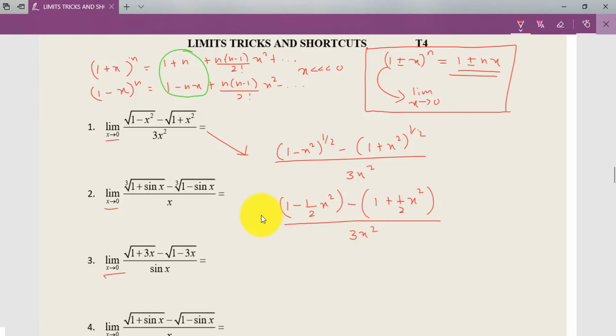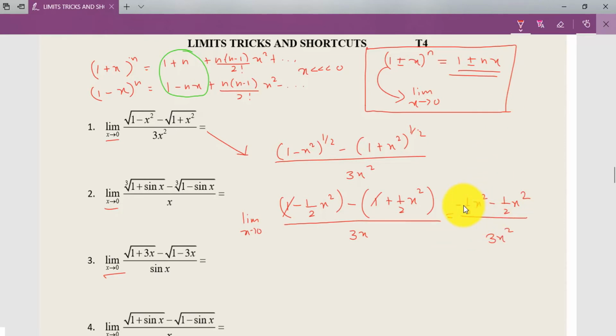I still have x tends to 0 here, so I do not write it all the time. This term and this term get cancelled, so here it is minus 1 by 2 x square and minus 1 by 2 x square, divided by 3x square.